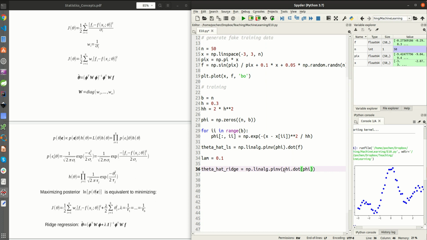But why am I using phi dot phi, right? Because phi is actually a symmetric matrix, right? So how do I know it's symmetric? Because this x subtract the xii, right?